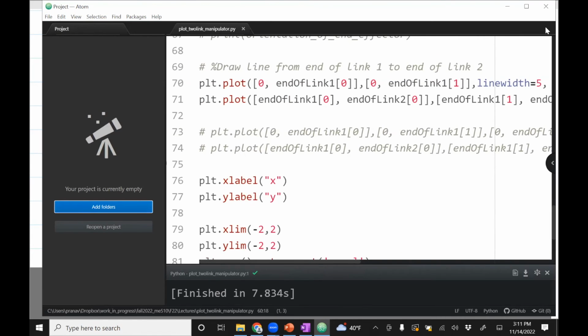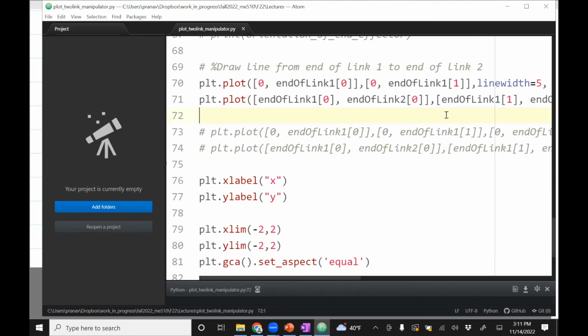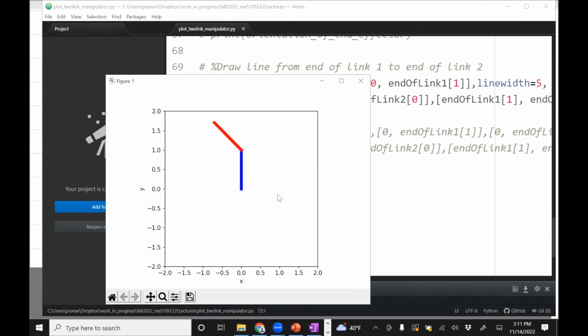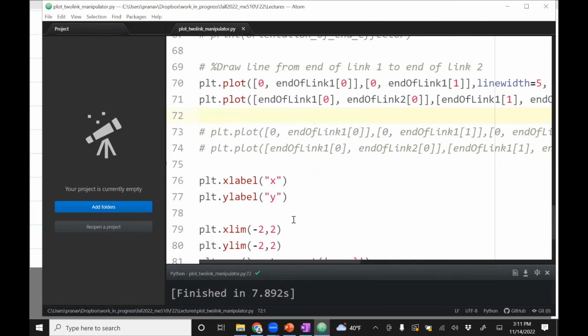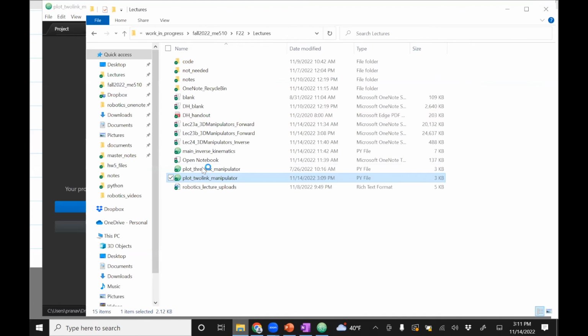Let's see this again. Control Shift P. So 0, end of link 1, X and Y, end of link 2, X and Y. So that's something we've done before. Here is a more complex example, a 3-link manipulator.